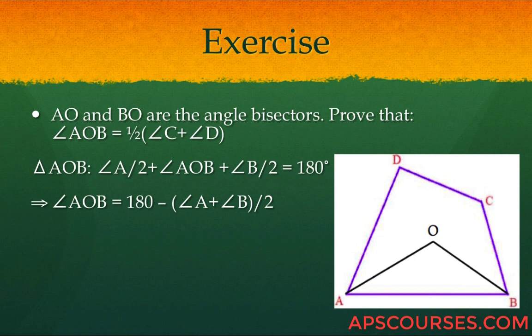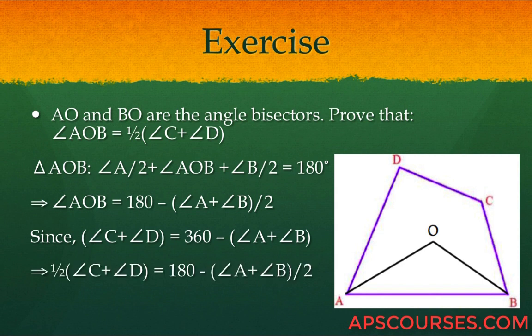This implies angle AOB is equal to 180 minus (angle A plus angle B) upon 2. And since angle C plus angle D is 360 minus (angle A plus angle B), if you divide both the sides by 2, you get half into (C plus D) is equal to 180 minus half of (A plus B), and therefore angle AOB is equal to half of (angle C plus angle D).